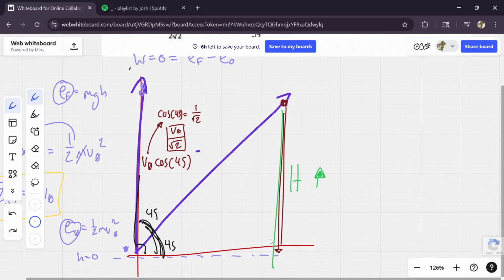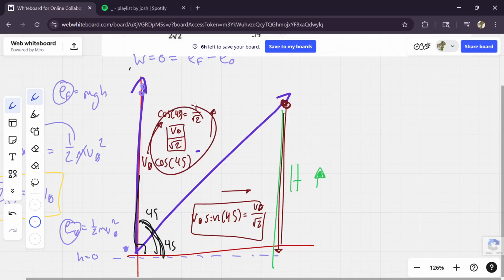What I'm trying to say is that at the highest point, the vertical velocity would be zero, but the horizontal would not. The horizontal velocity would still be v initial sine 45, which would just be equal to v initial over square root 2. So this would be the horizontal velocity as we go this way. This is the velocity as we go that way.